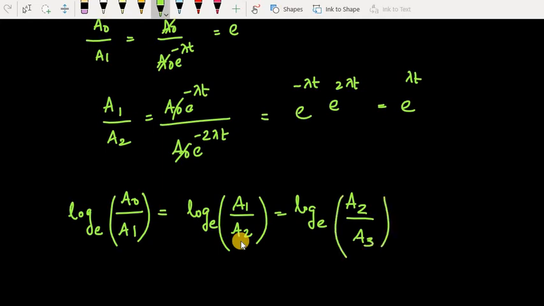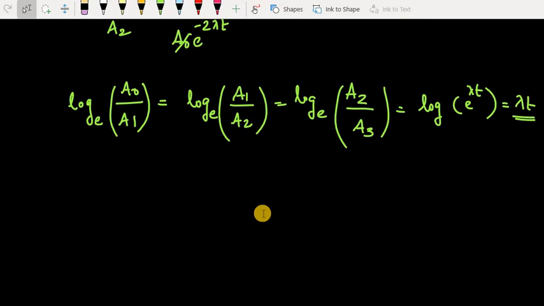Whatever we take, we will get log of e raised to lambda t, which is lambda t itself, and this is known as the logarithmic decrement. So by definition, the natural logarithm of the ratio of the consecutive amplitudes is known as the logarithmic decrement.